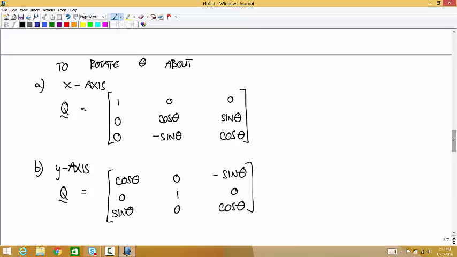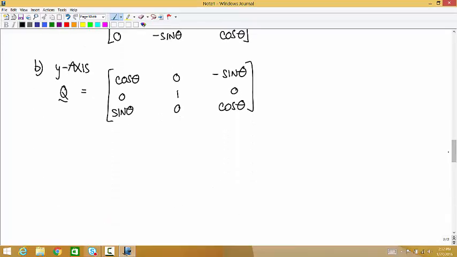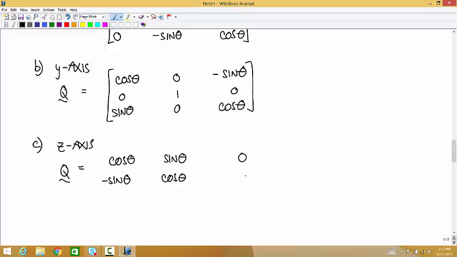And then to rotate about the z-axis, that rotation matrix is cosine theta, sine theta, 0, negative sine theta, cosine theta, 0, 0, 0, 1.